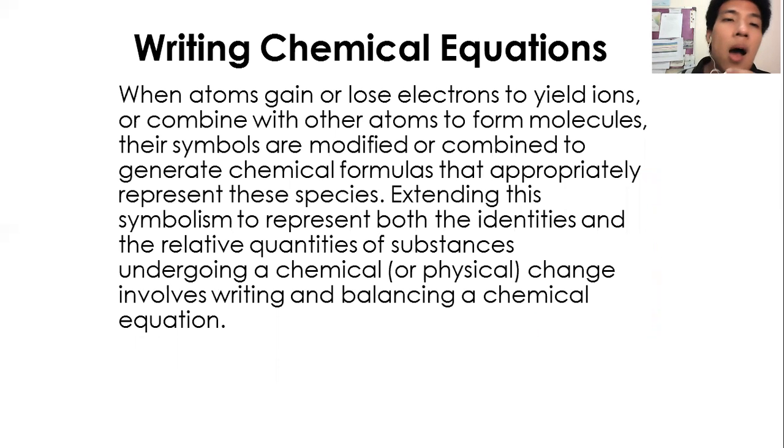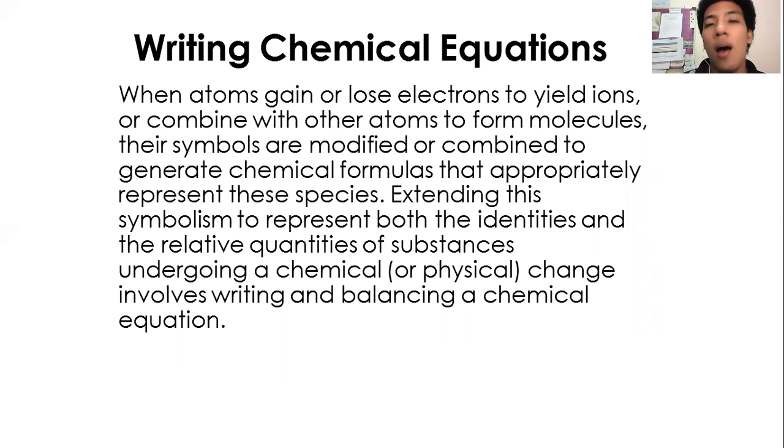Now, writing chemical equations. So how are we going to write chemical equations? Remember, we had lessons last time about the gaining and losing of electrons that yields ions. That is actually chemical bonding, or by sharing of the atoms to form molecules.